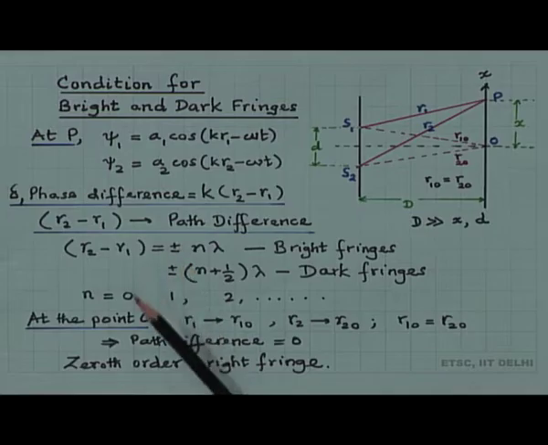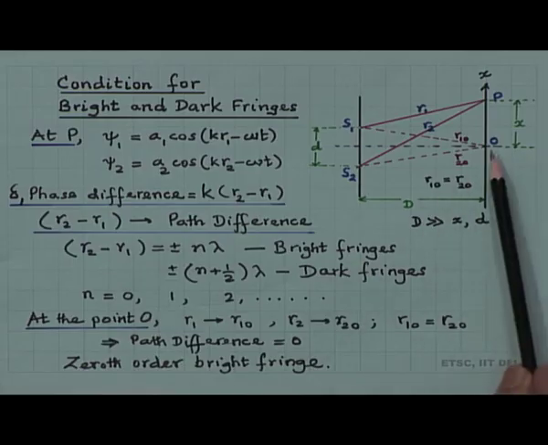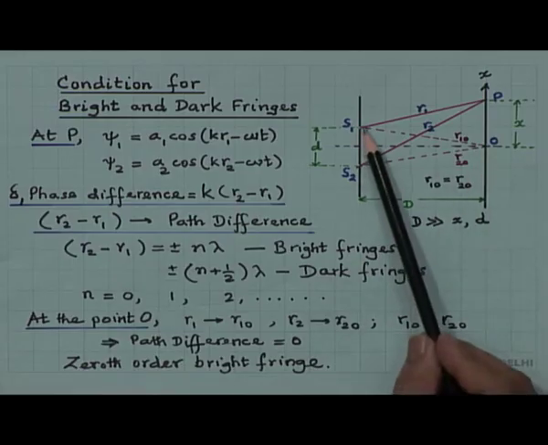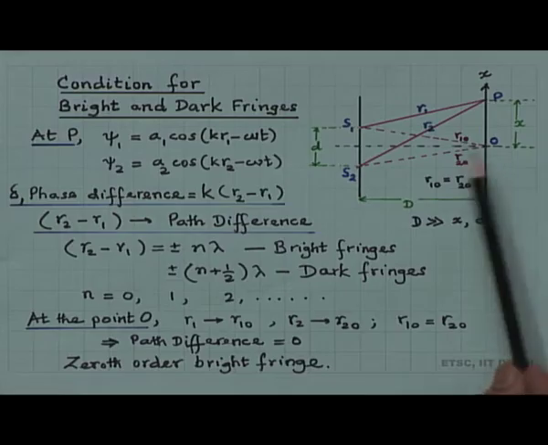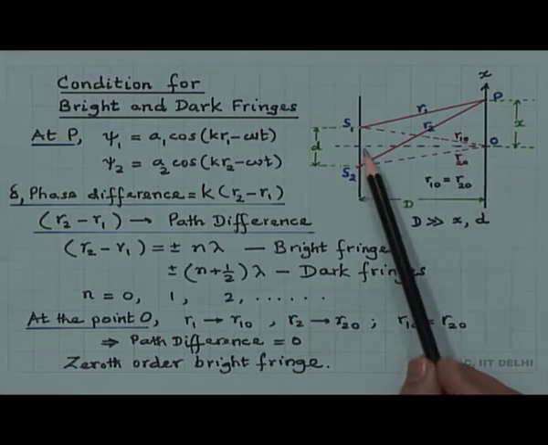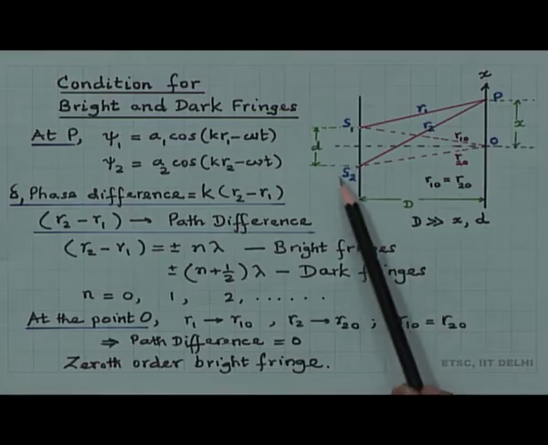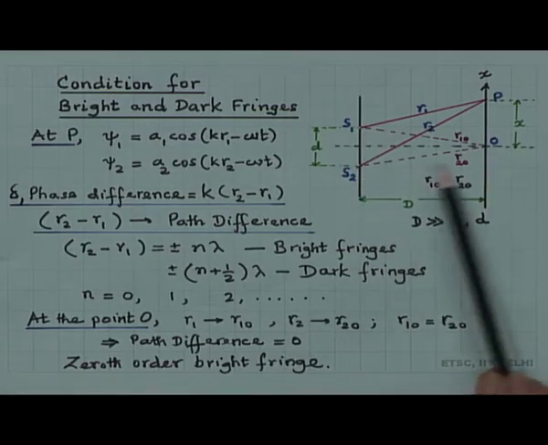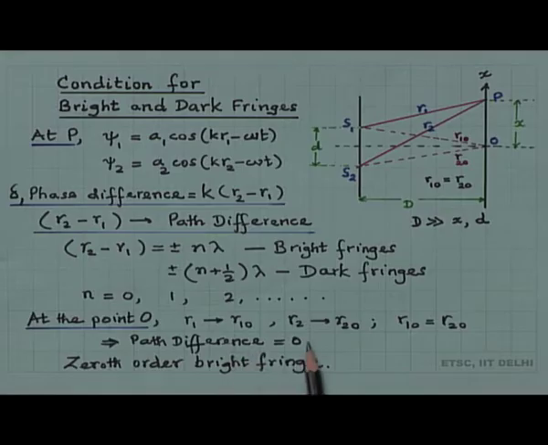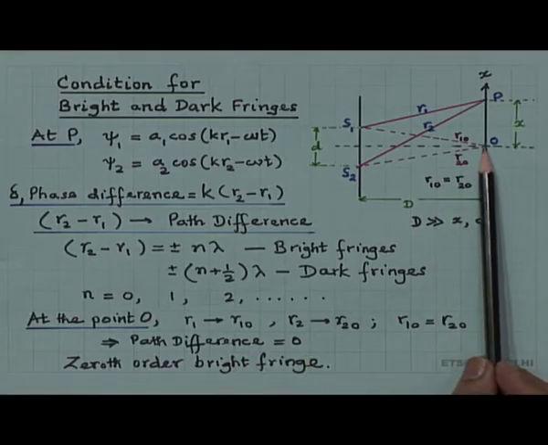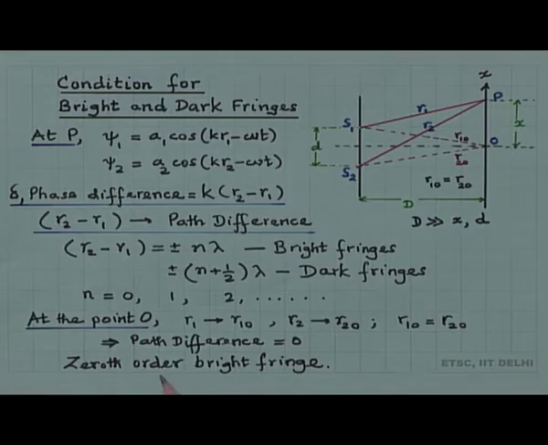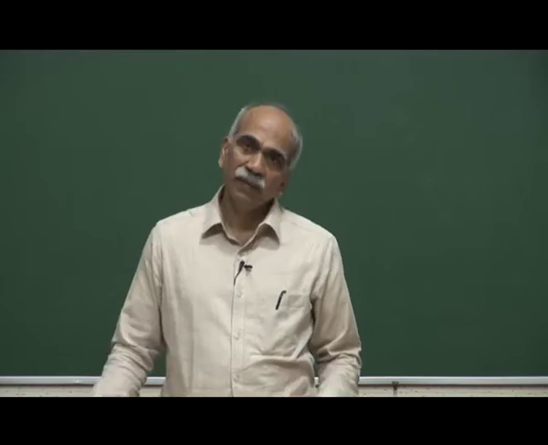The plus sign represents the maxima and minima on one side, and the minus sign represents the maxima and minima on the other side. At the point O, R1 0 and R2 0 are identical, because this is a perpendicular bisector of S1 and S2. Therefore, R1 0 is equal to R2 0, the path difference is 0, and that corresponds to a maximum which is called the 0th order bright fringe. We have discussed all these in detail in the previous lecture.